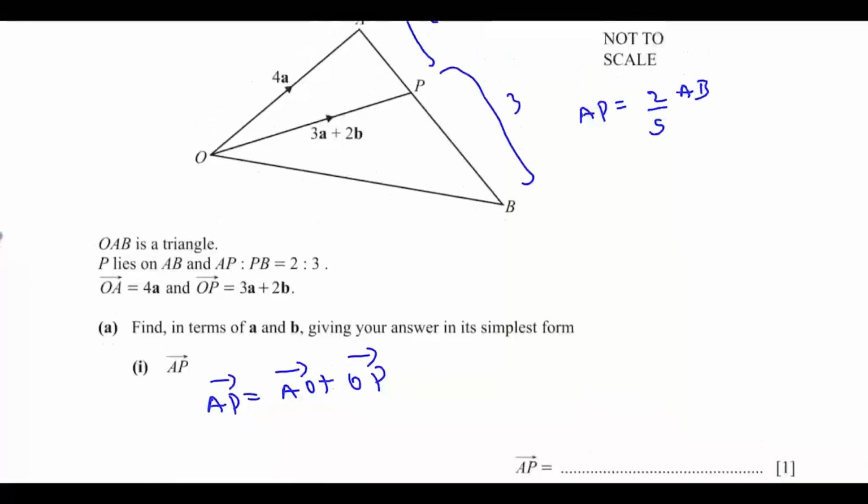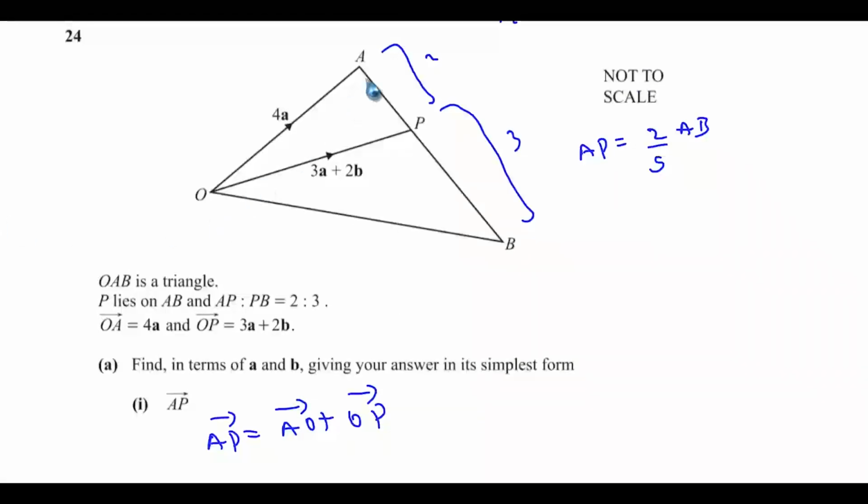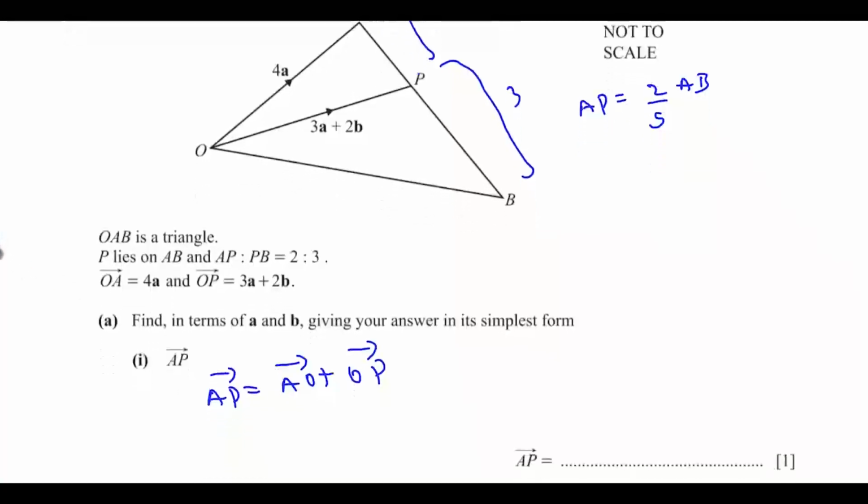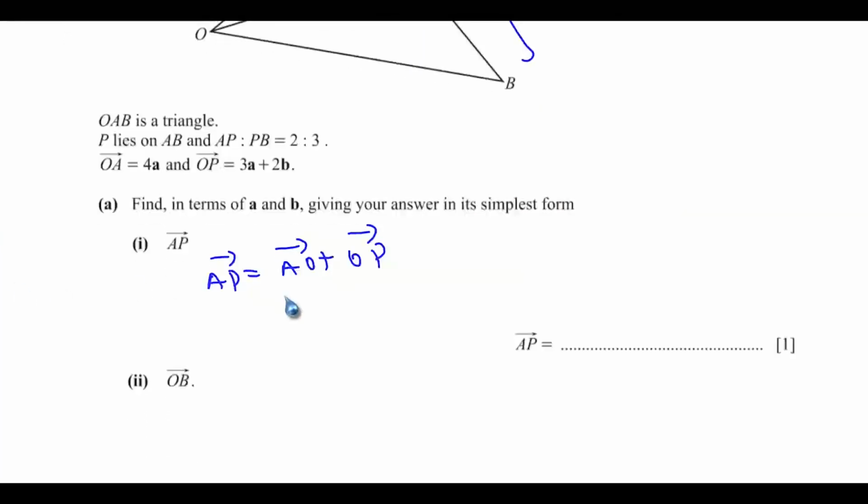And if you look at the diagram, we don't have AO, but we have OA. So that means AO will be negative of OA. So that will be minus A plus 3A plus 2B, which gives 2B plus 2A... that will be minus A plus 2B, which is the same as 2B minus A.